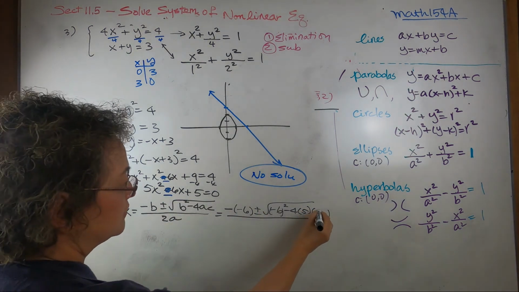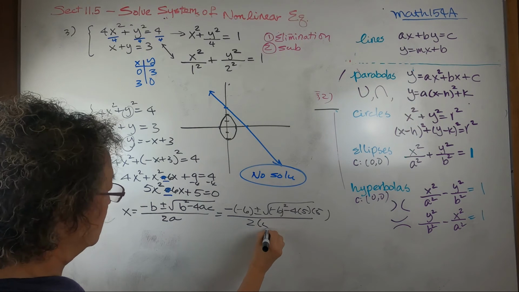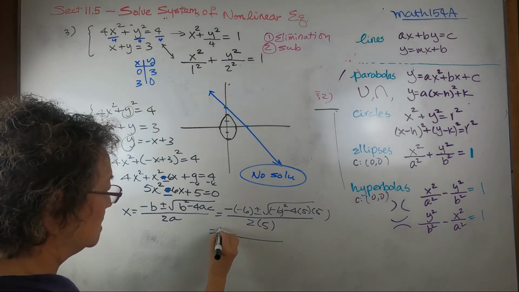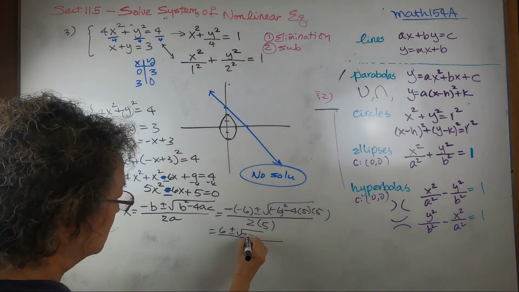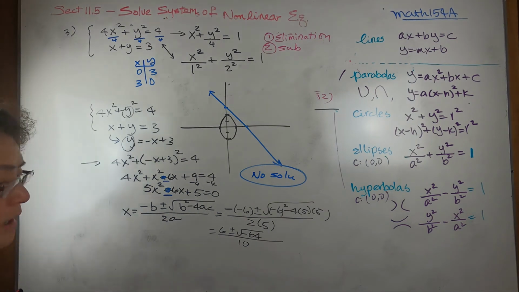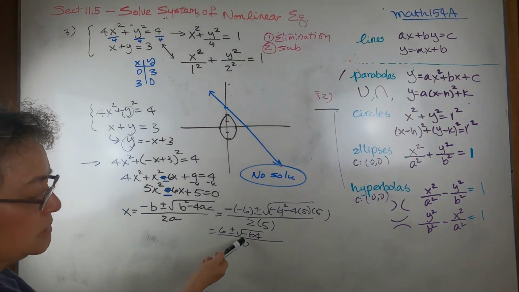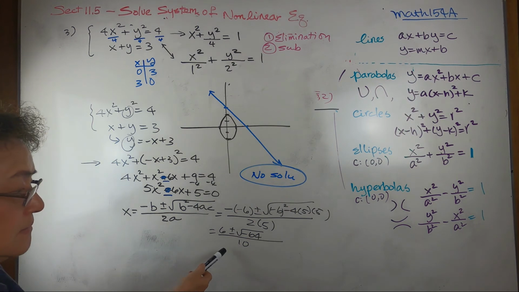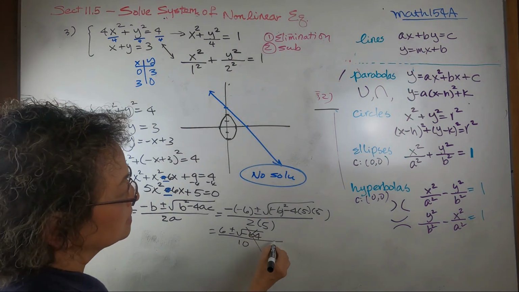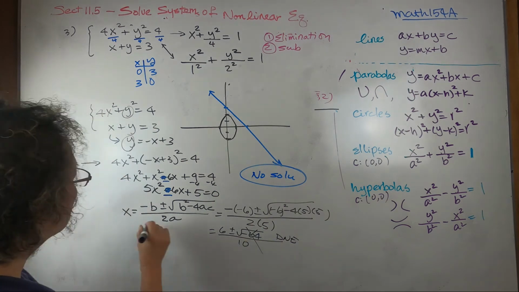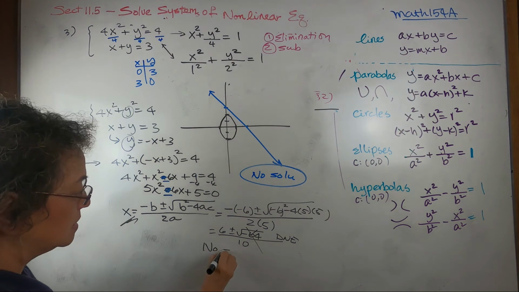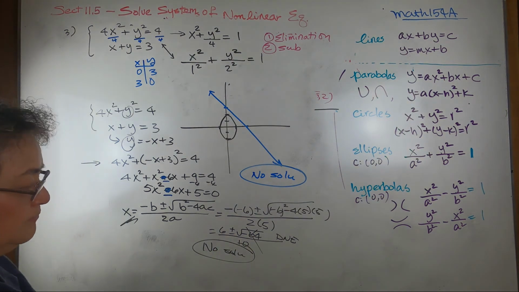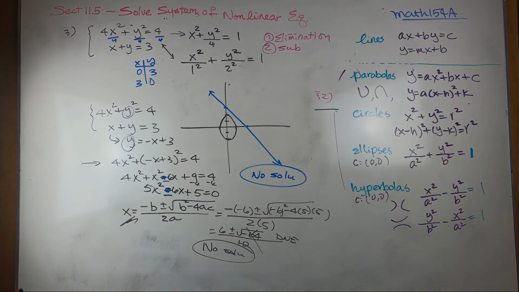What's your c? 5. Over 2a, a is 5. So what do we have? 6 plus or minus the square root of 36 minus 100, which is negative 64, over 10. Right? For the square root, can we have a negative number in it? We can't. So this one doesn't exist, and we don't have our x. So the answer should be no solution. That's how you solve it algebraically.